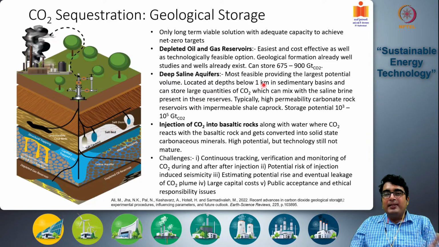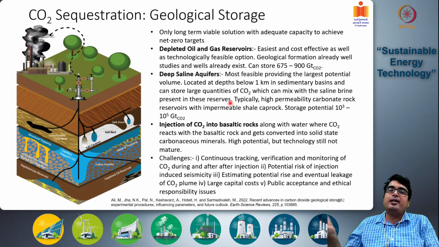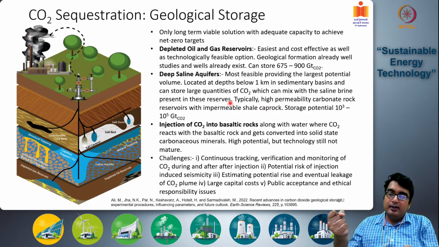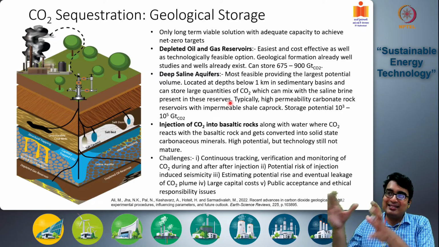Located at depths below 1 kilometer in sedimentary basins, they can store large quantities of CO2, which can mix with the saline brine that is present in these reservoirs. So this contains a lot of saline brine, and if you inject supercritical CO2 into this, then the CO2 dissolves in this pressurized saline brine and stays there.